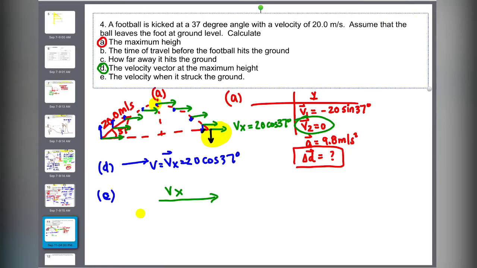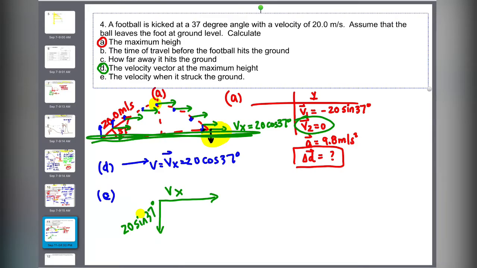What's going downwards, there are different ways you can think of it, it's almost like I'm now changing my data list. My V2 is actually traveling downward this way. At what speed? It is coming down at 20 sine of 37.